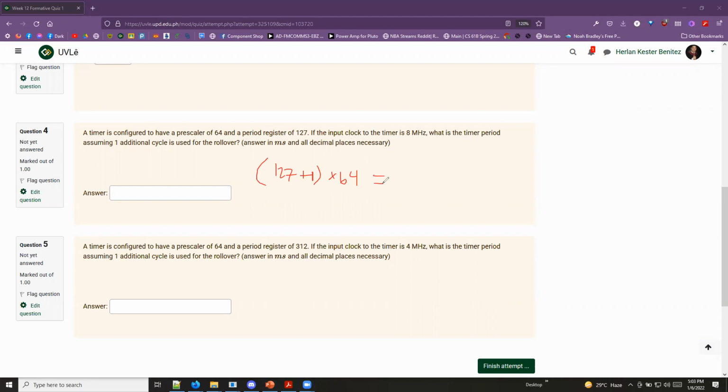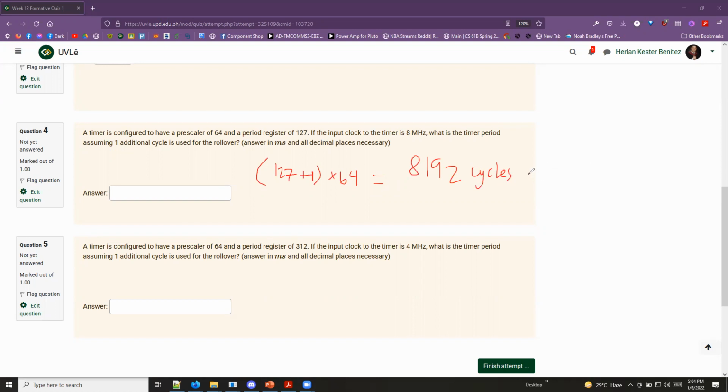So 128 times 64. Which is 8,192 cycles. So that is what is represented by our timer.